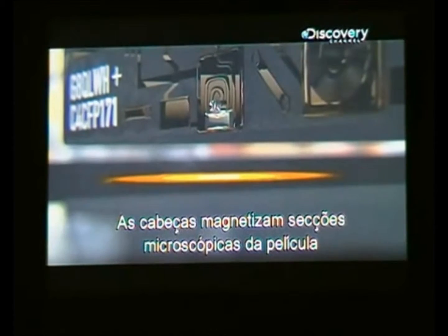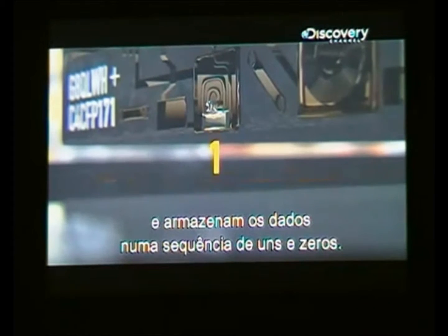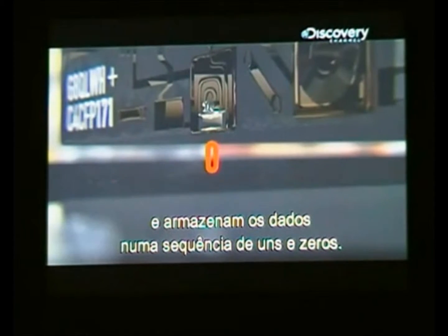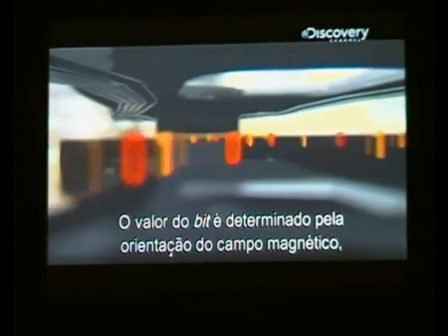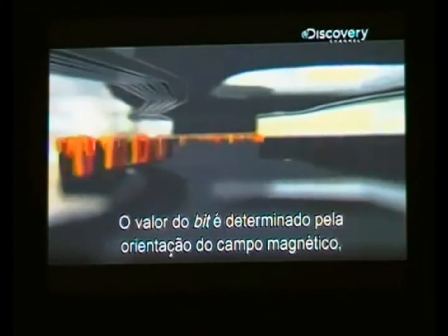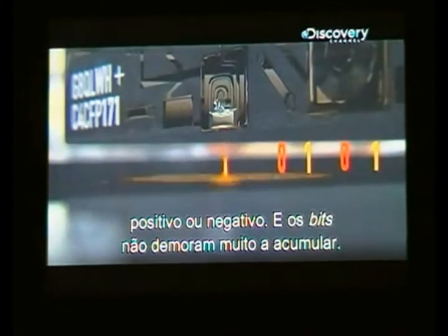It's way more complicated. A magnetic film on the surface memorizes all the information. The heads magnetize microscopic sections of the film and store the data in a sequence of ones or zeros. Each one or zero is called a bit. The value of each bit is determined by the orientation of its magnetic field, plus or minus.